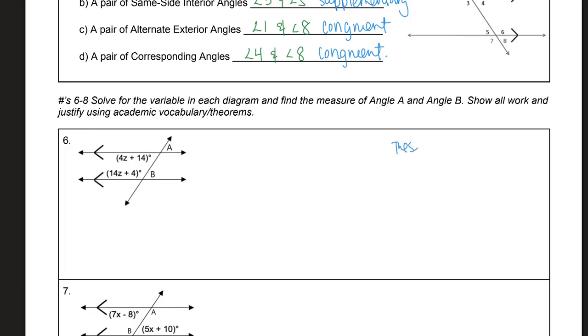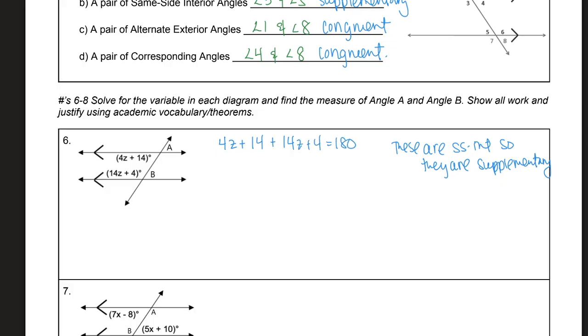So I'm going to abbreviate same side interior. So they are supplementary. So to solve for z, we're going to set them equal to 180. So 4z plus 14 plus 14z plus 4 is equal to 180 degrees.